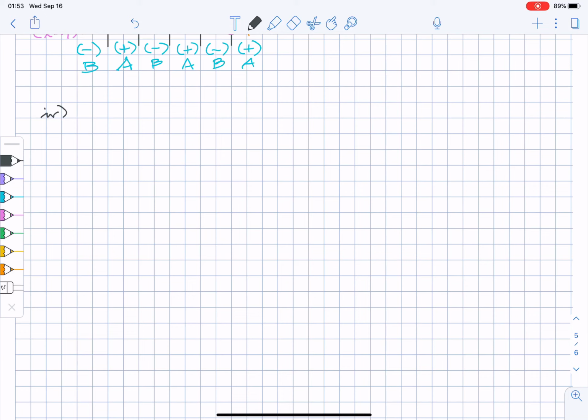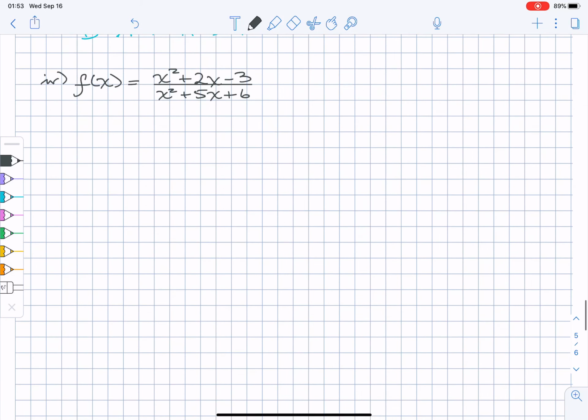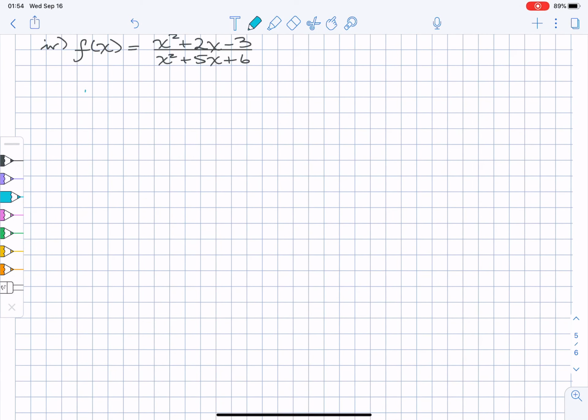Okay, so let's do f of x is equal to x squared plus 2x minus 3 divided by x squared plus 5x plus 6. Okay, so hopefully this will be easier than that monstrosity I just did.